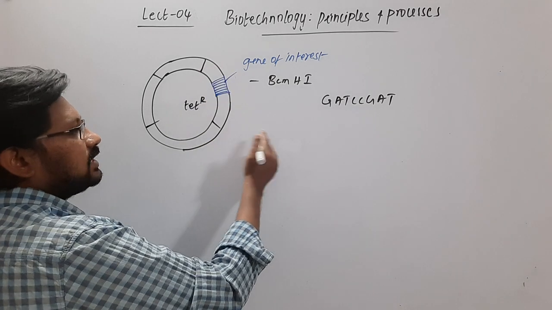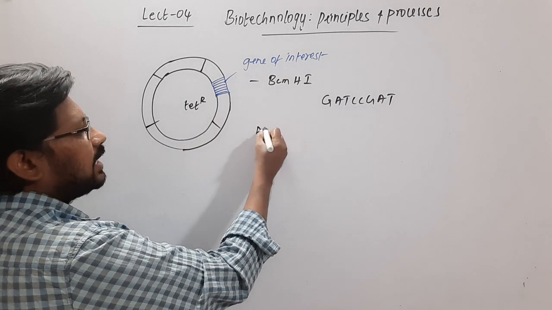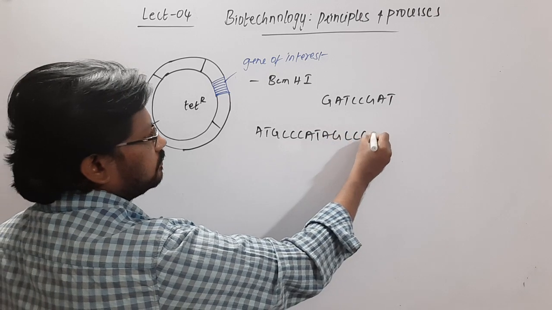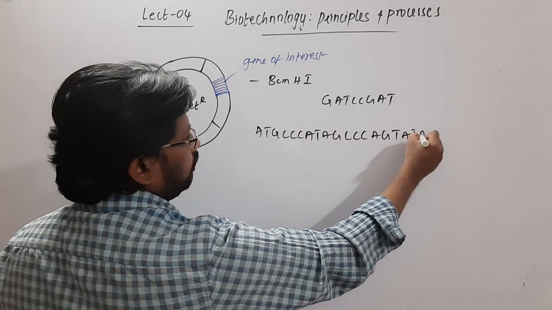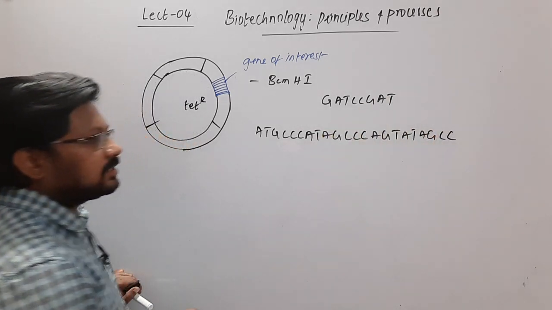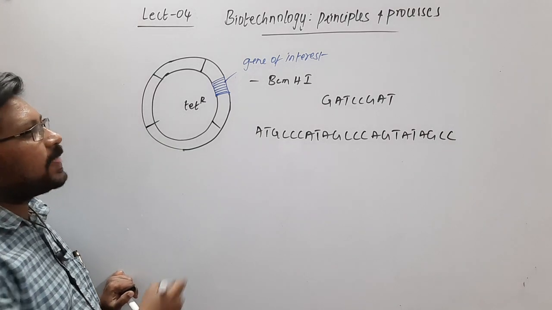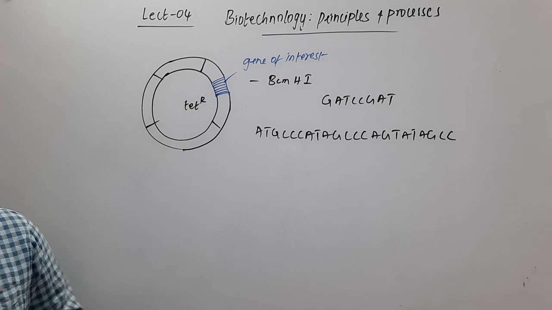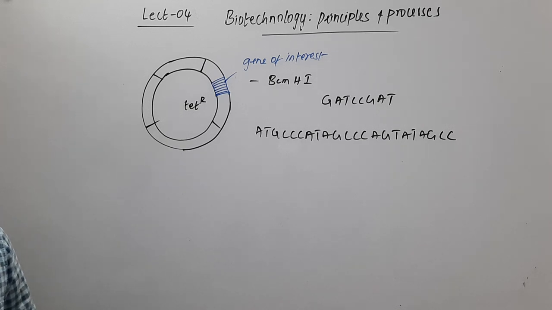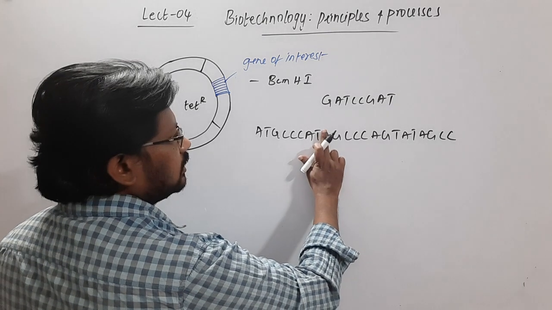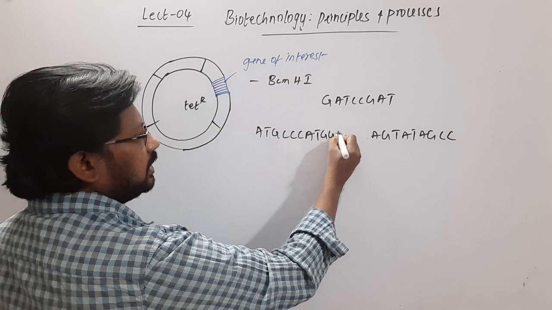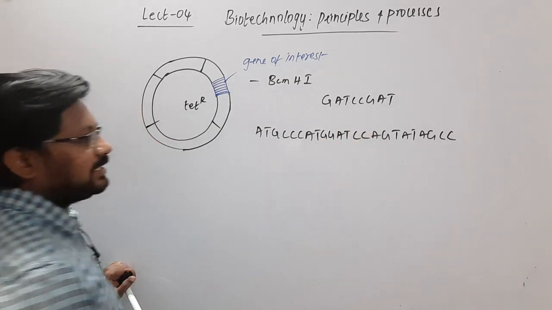Now say suppose the tetracycline resistance gene has this sequence here. And of course we need to put in between the BamH1 site. So the BamH1 site will be, say, GGATCC.